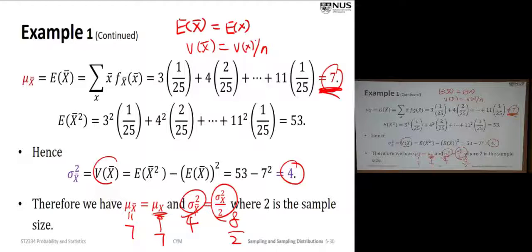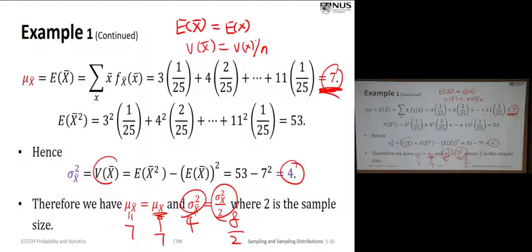Let me repeat the statement: the variation of x bar is smaller than the variation of x. How do I know that? Because variance of x bar is equal to variance of x divided by n.